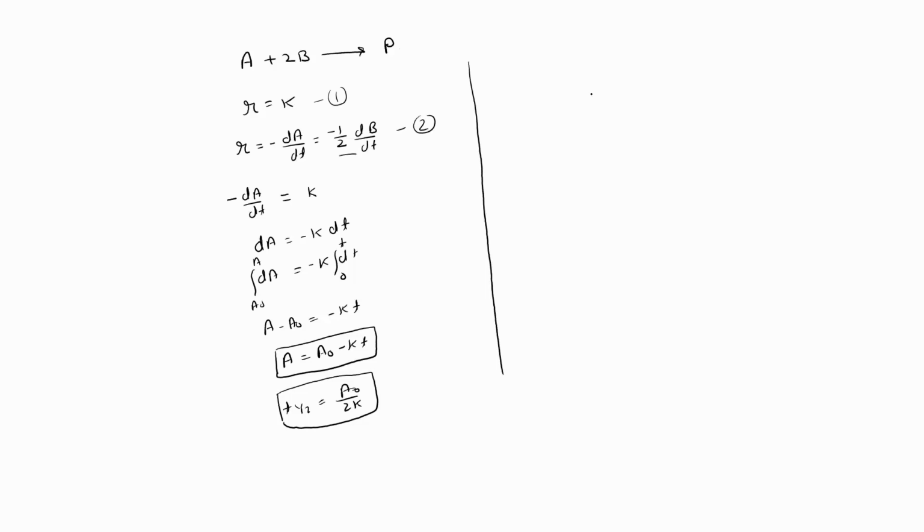Okay, now we have this also: minus half dB by dt is equal to k, so dB is equal to minus 2k dt. Integrate it, 2k is constant, dt from 0 to t; at 0 this is B naught, this is B. So B minus B naught is minus 2kt, so B is equal to B naught minus 2kt.